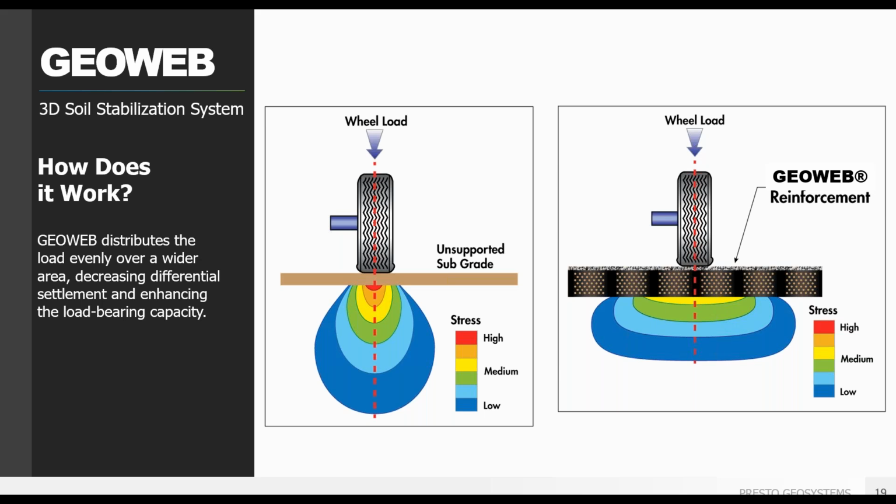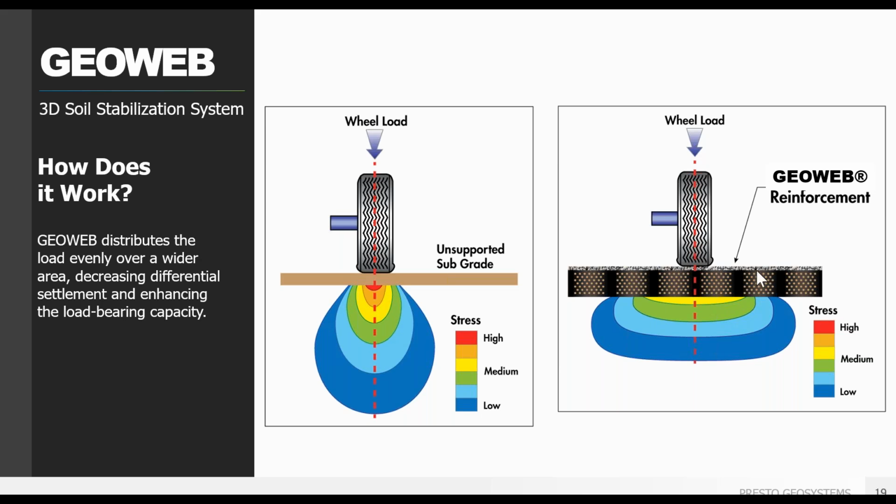So just a little picture here on what unsupported and supported look like for a geocell. For typical unsupported, you have your high stresses at the interface between the tire and the surface. You got your reds and your tans, typical 45-degree distribution of your pressure bulb.